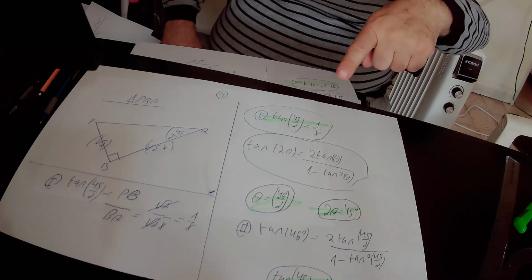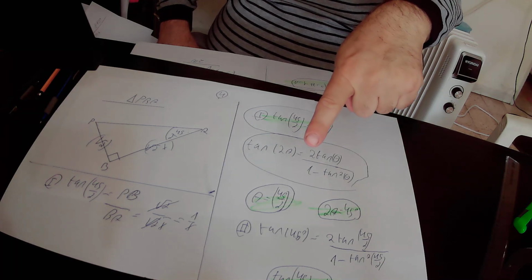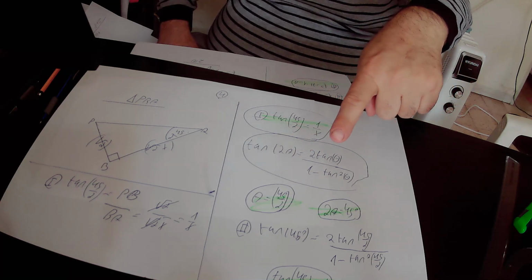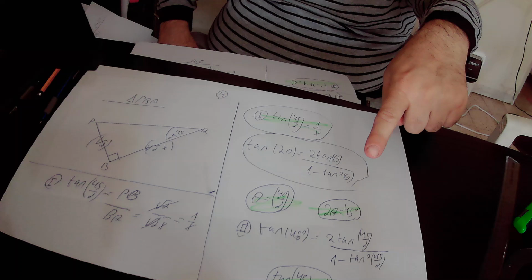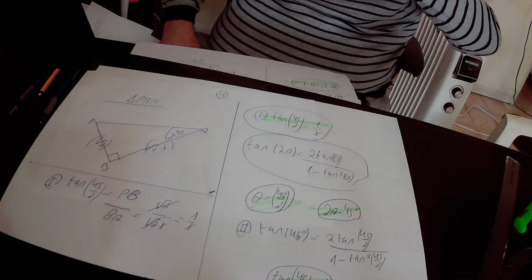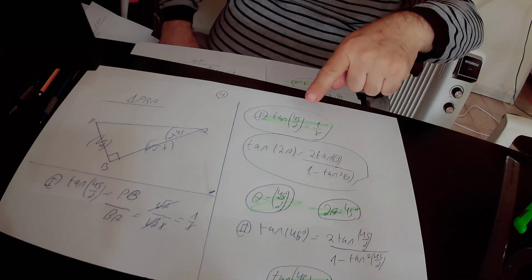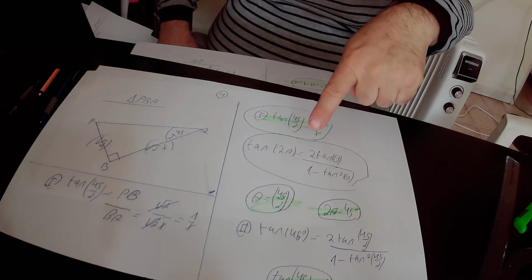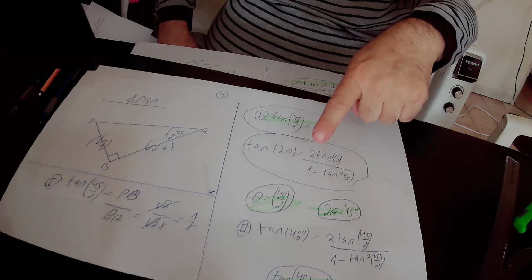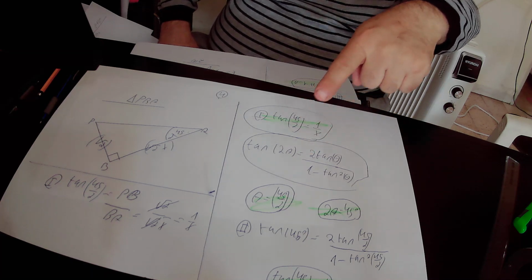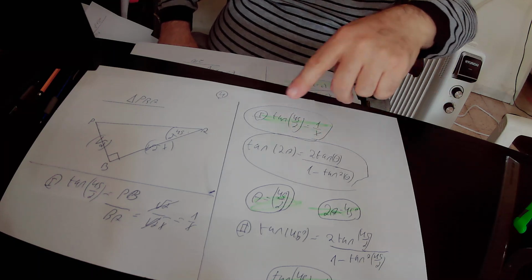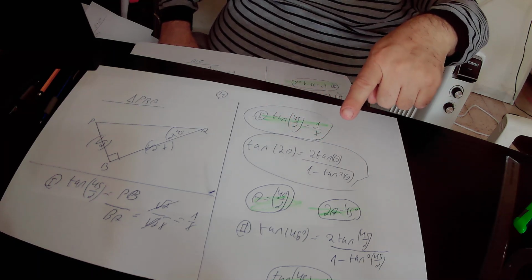Then we defined angle theta as 45 over 2 degrees. If theta is 45 over 2 degrees, it means that 2 theta is 45 degrees. Then we substituted theta by 45 over 2 degrees, and 2 theta by 45 degrees in this trigonometric identity.